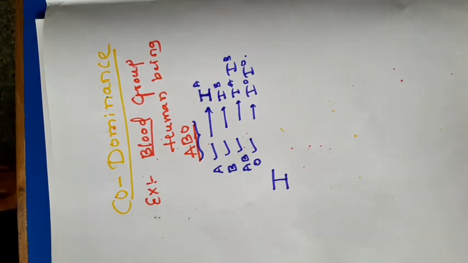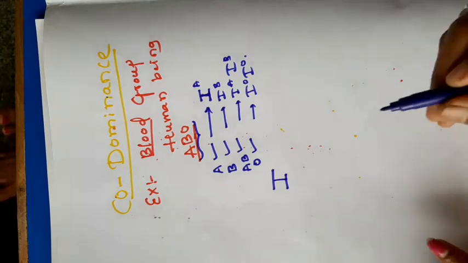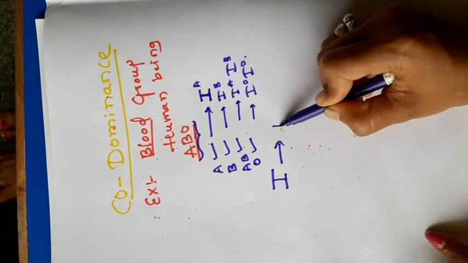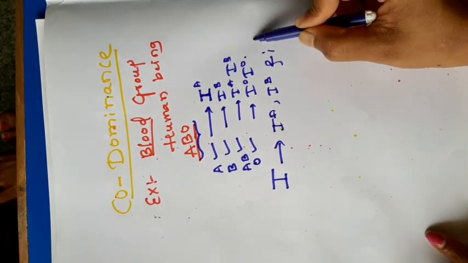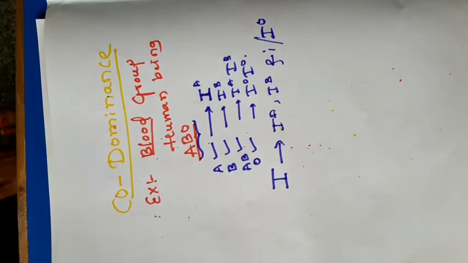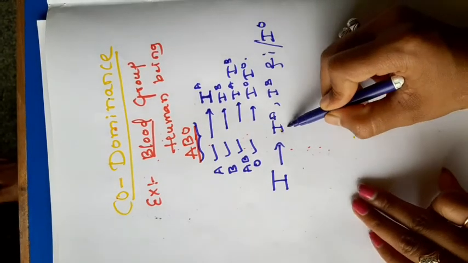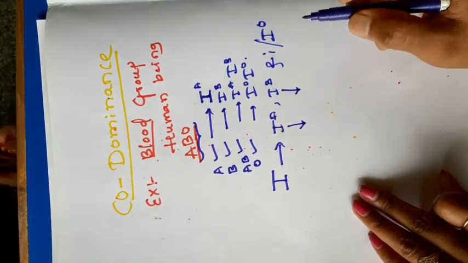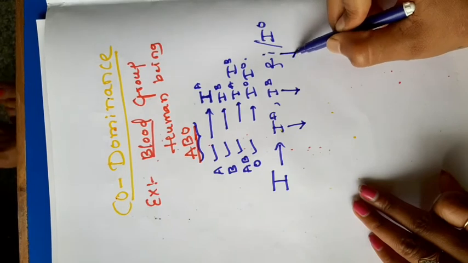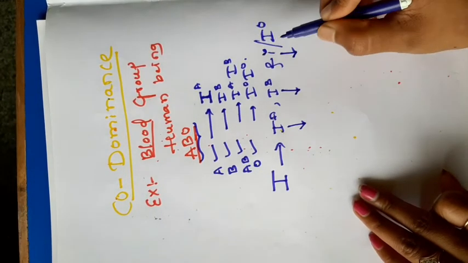The gene I has 3 alleles: IA, IB and small i, otherwise we can write IO. The alleles IA and IB produce slightly different sugars, while allele i does not produce any sugar. Here IA produces one sugar, IB produces a different sugar, but IO or small i doesn't produce any sugar molecules.